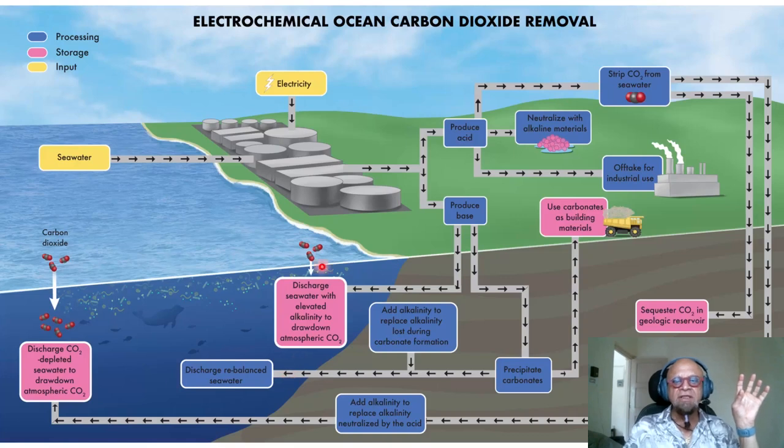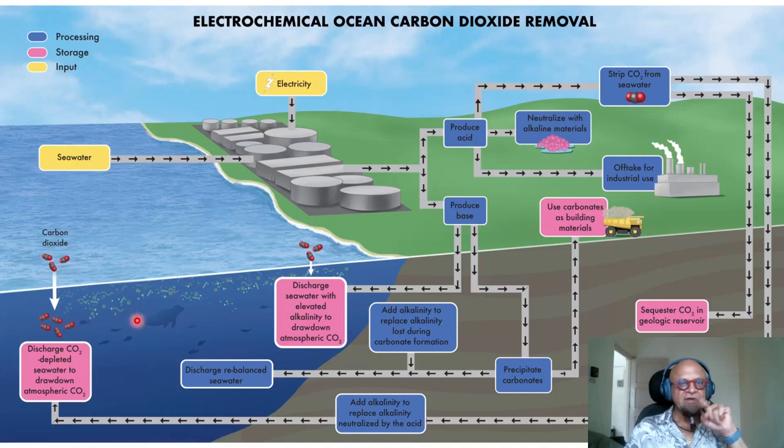So this process on the whole is only enhancing alkalinity and drawing down CO2, or you are discharging rebalanced seawater through the processes, so that you are not reducing alkalinity in any way, but obviously you are increasing CO2, but there is acidification that is happening because of CO2 dissolution.